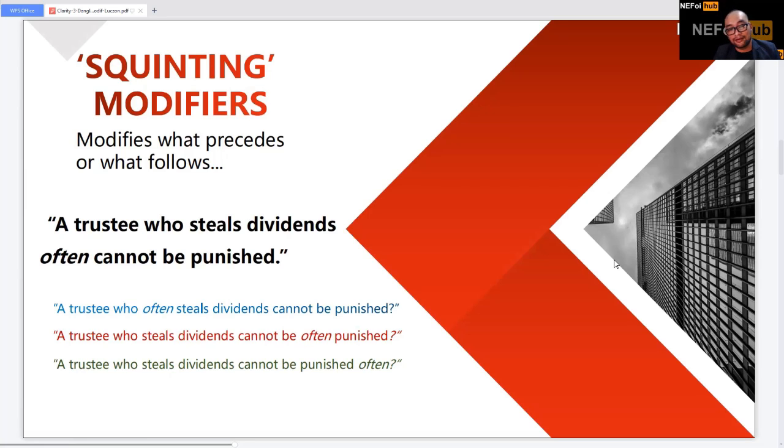Or, the other way around: the red one is modifying the punishment, and the green one is actually modifying the frequency, or how often it is. The degree of frequency.